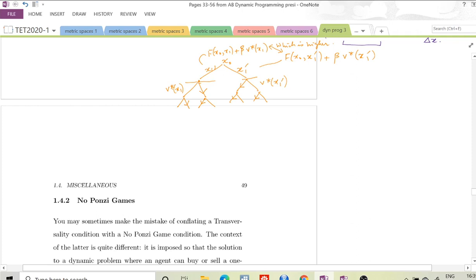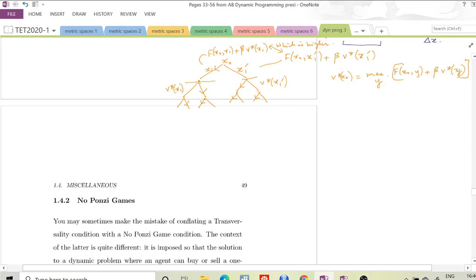And you're saying that, look, under certain conditions, the optimal plan and the optimal value function satisfy this: that at every state, call it the state x naught, whatever payoff I get there, it maximizes just this, the current reward plus future reward using v star, right? I'm maximizing this.